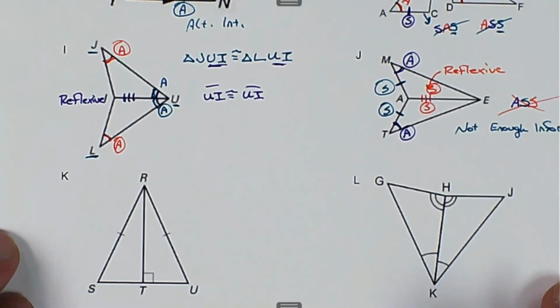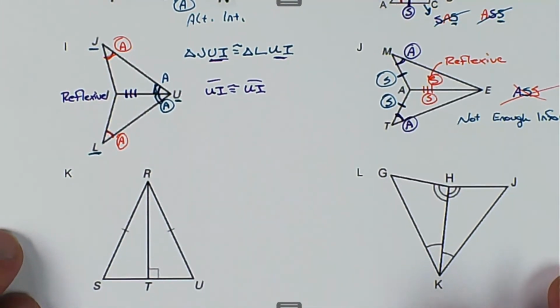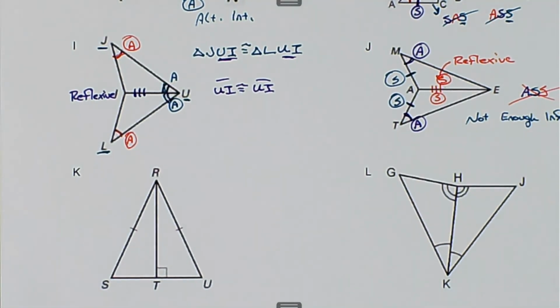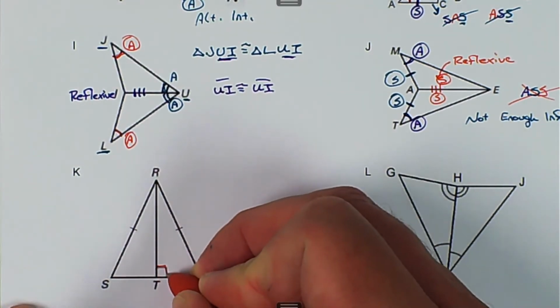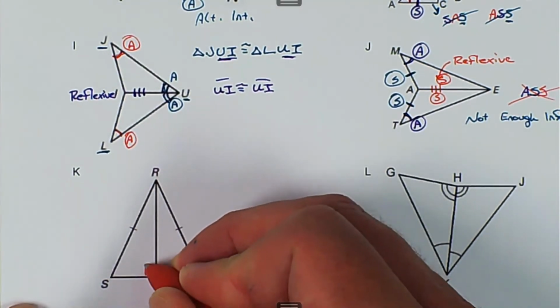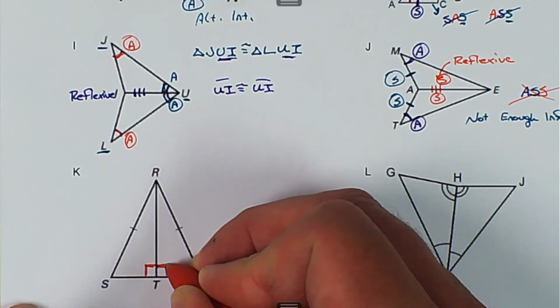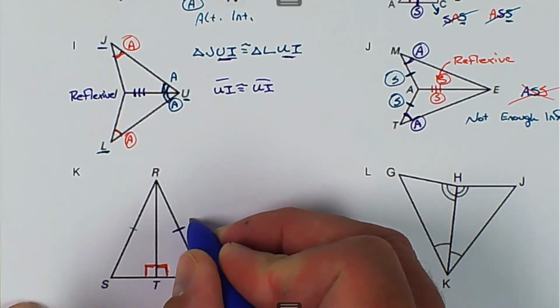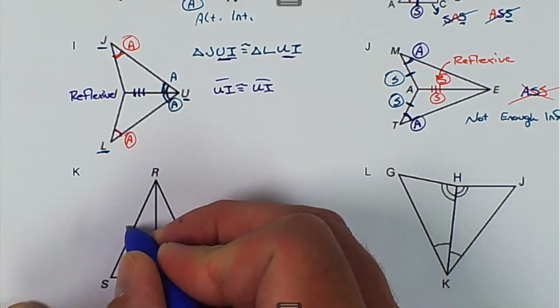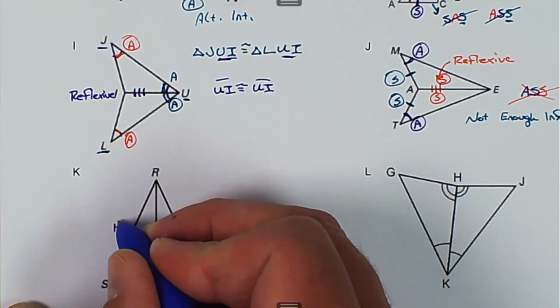Now we're on to our last two examples, K and L. And here we have a right angle and a right angle. So right now we're thinking this is a right triangle, so I should be thinking hypotenuse leg. So we are given the hypotenuse, which is opposite the right angle.